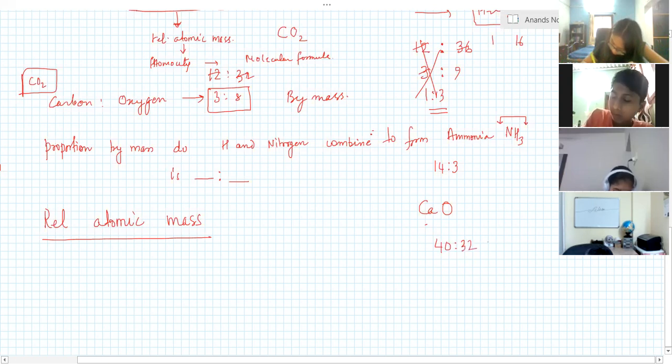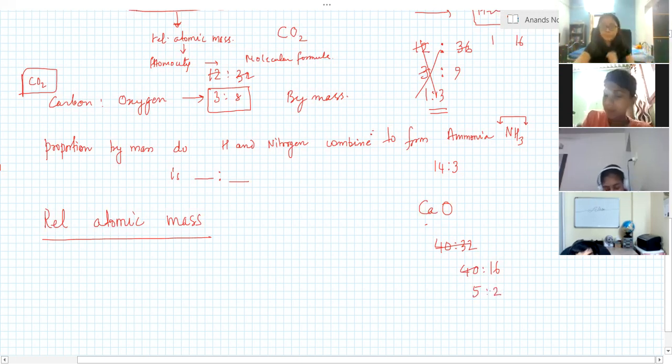Yeah, go ahead. Calcium is 40. Oxygen here is 16. Oh wait, then 5:2. Yeah, 5:2 by mass. Five parts of calcium and 2 parts of oxygen combined by mass in order to form calcium oxide.